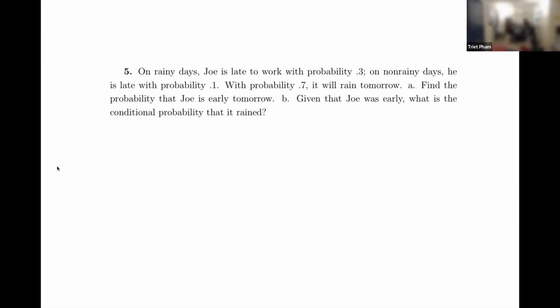Okay. There's no requirement here, but a tree would be helpful here. So where do we start the tree?